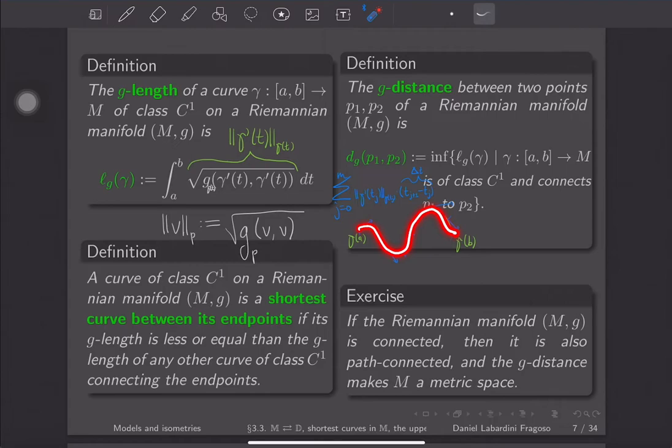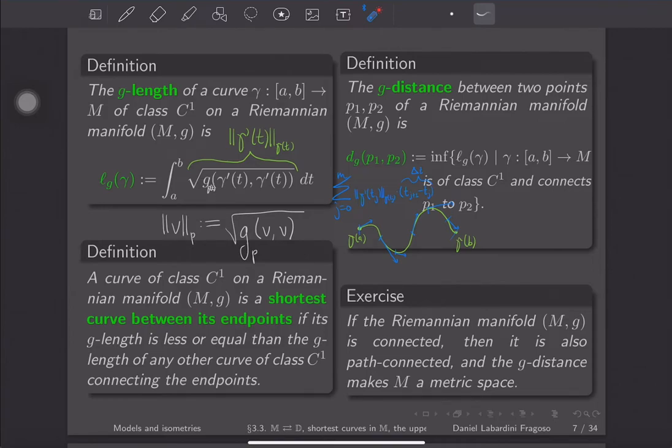As I start refining the partition, this sum tends to this integral precisely. So it makes sense to define the value of this integral to be the length of the curve, according to my way of measuring lengths of vectors in the tangent planes.